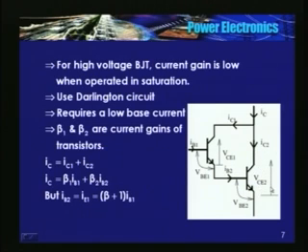VCE2 is equal to VBE2 plus VCE1. VBE2 plus VCE1 is equal to VE2. I am assuming VBE2 of the order of 0.7 volts, and I am assuming that transistor T1 is in saturation.